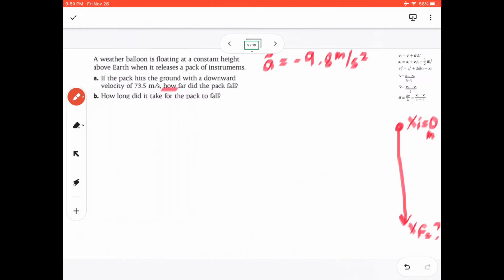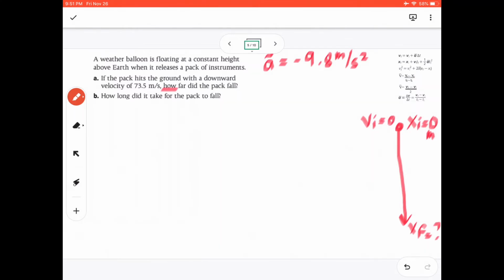And then of course the V over here will be a negative V. Why? Because it's a downward velocity, so whatever V is given here will be negative. But what is our VI if it just dropped? VI will be equal to 0.